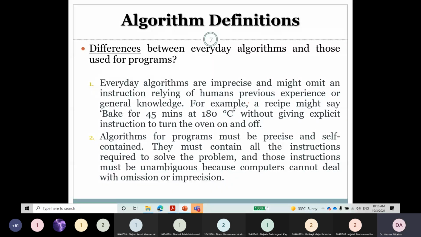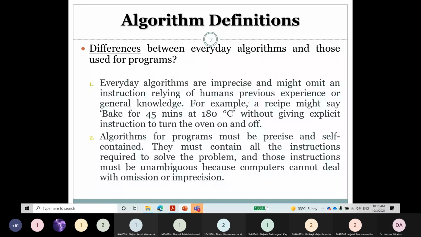The everyday algorithms are imprecise. They are not accurate and may omit an instruction, relying on humans' previous experience or general knowledge.